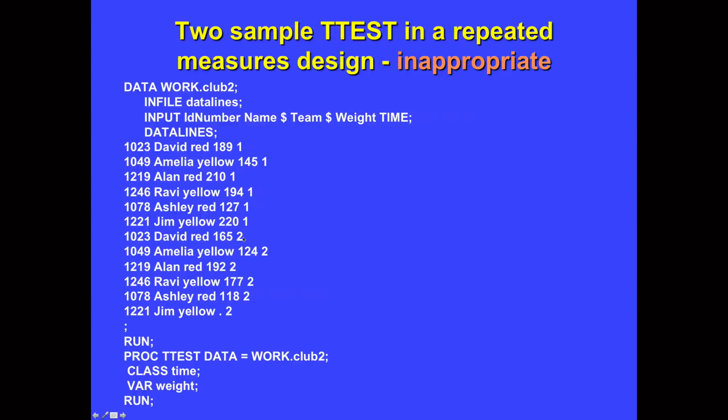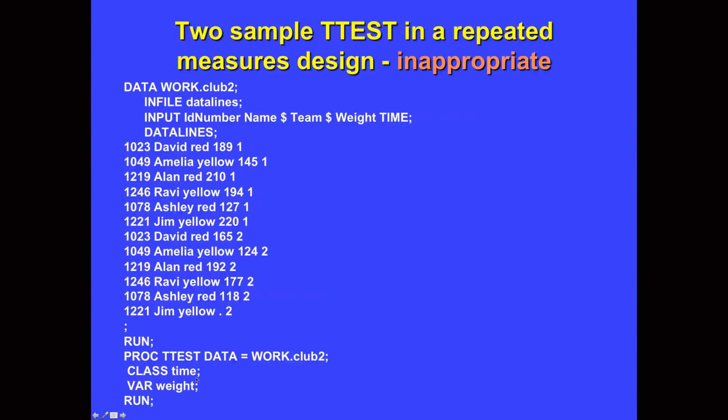Given this data structure, we just have one variable for the weights, which is weight, and a second variable corresponding to time. Some people may consider running a t-test where you simply look at whether or not weight is different by time.